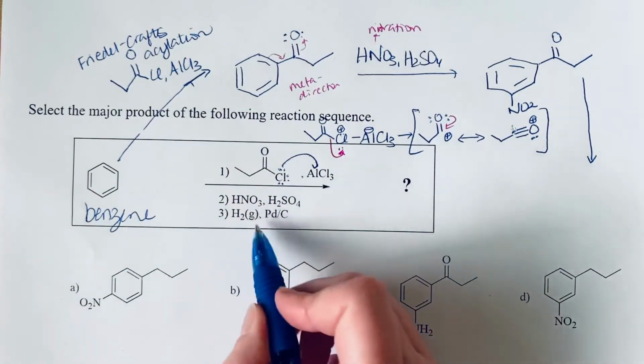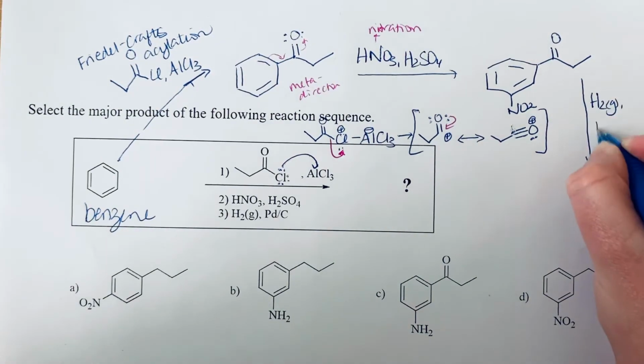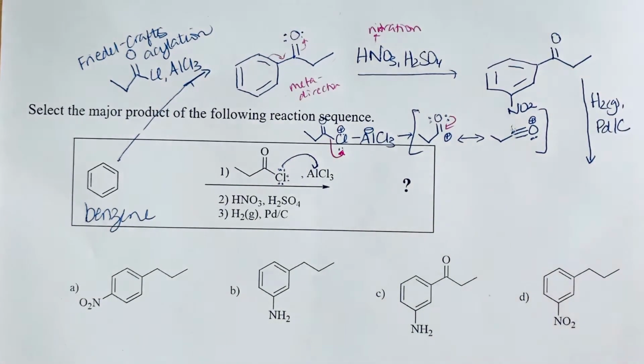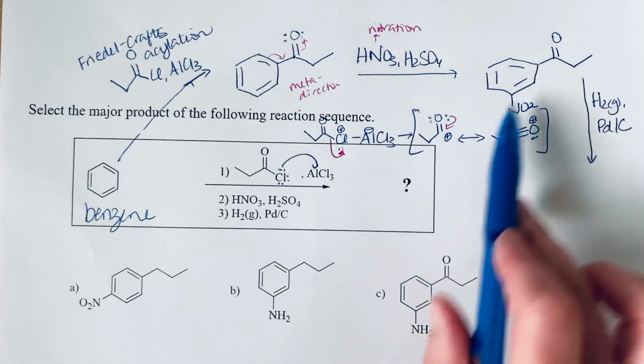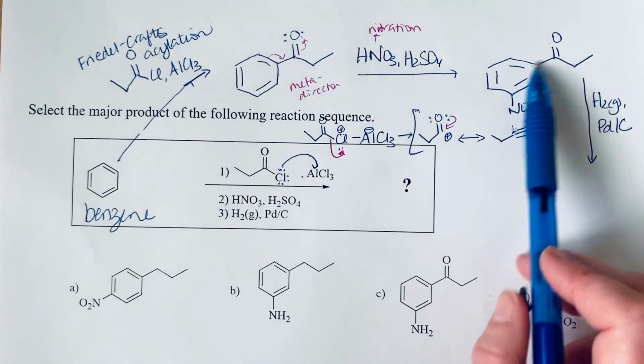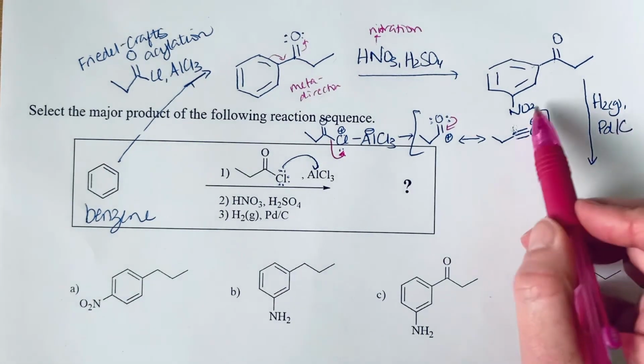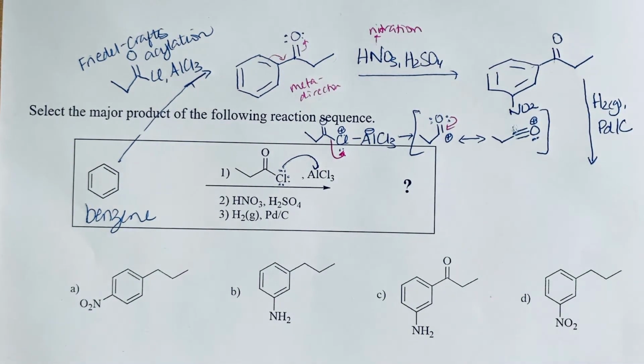We've got hydrogenation conditions: hydrogen gas and palladium on carbon as the catalyst. The question is which of these groups, or both, will it reduce? When you have an aromatic ketone, hydrogenation will reduce the aromatic ketone. It will also reduce the nitro group, so you will end up reducing both of these groups.